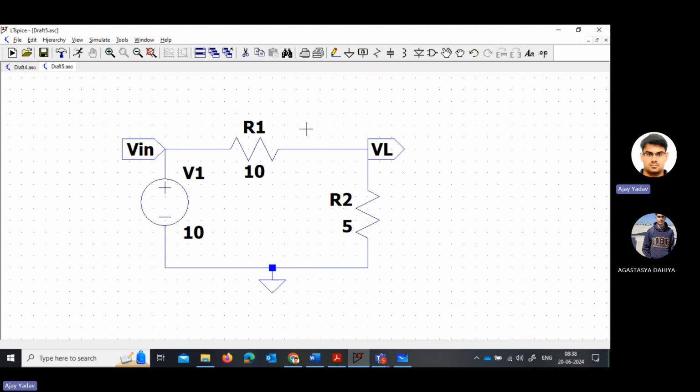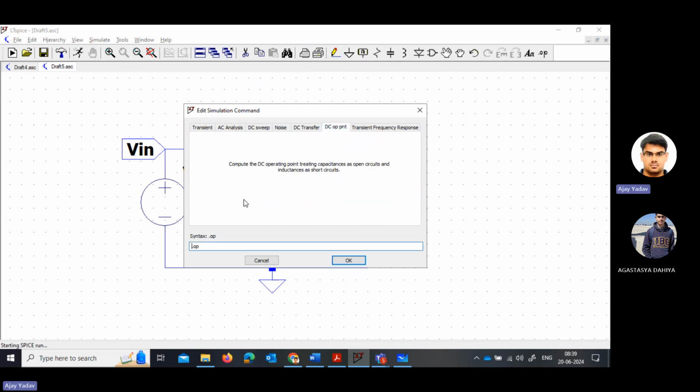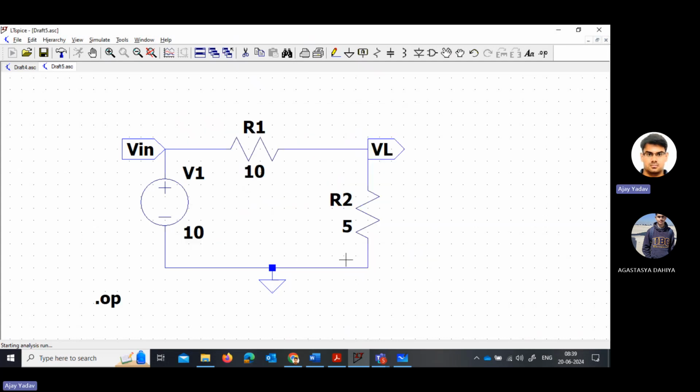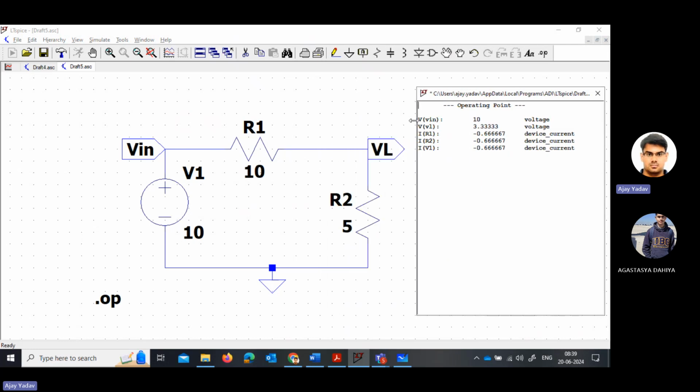What we have to do now is simulate this. When you simulate, we want to obtain the DC operating point. So I am using this, and now these are the values of the various parameters. You can plot a graph like this.